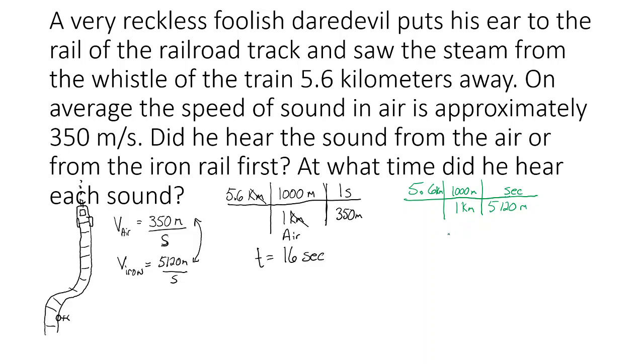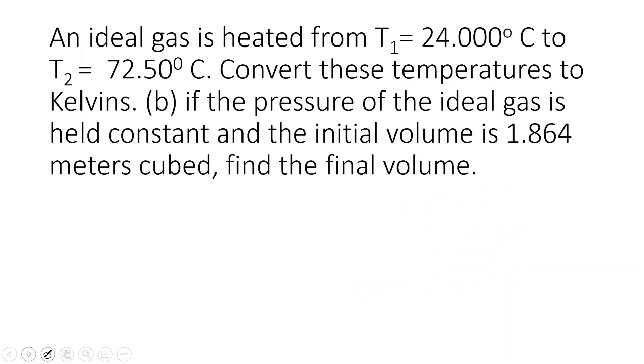We're going to use the reciprocal just like we did before to get the time it takes in iron. 5.6 times 1,000 divided by 5,120 gives me 1.1 seconds in the iron. So iron wins. So iron is faster, and I have the times of both that the sound will travel through both mediums.